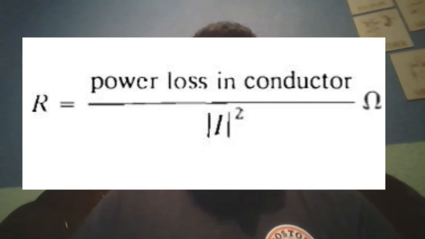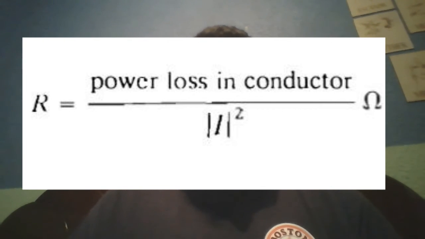Resistance. The resistance of transmission line conductors is the most important cause of power loss in a transmission line. The term resistance, unless specifically qualified, means the effective resistance of a conductor, given by the next formula, where the power is in watts and I is the RMS current in the conductor in amperes.